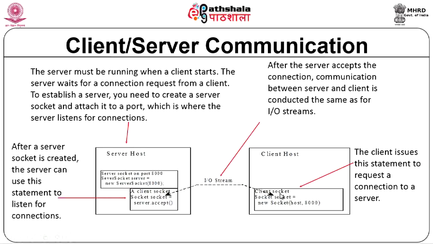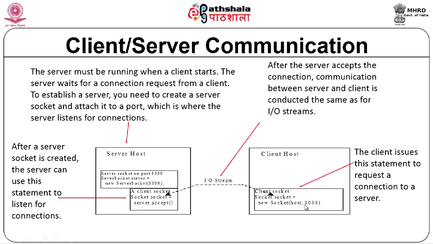the client actually initiates a socket creation. The client issues the creation of the socket object by making a connection to the server host and the port number where the application is running on the server. So, it makes a connection request to the server. This is the second step of what is happening.